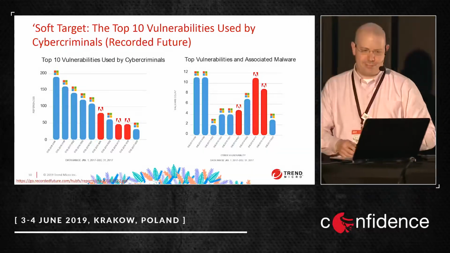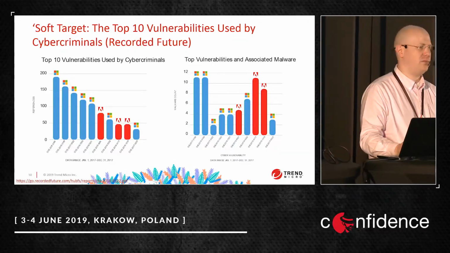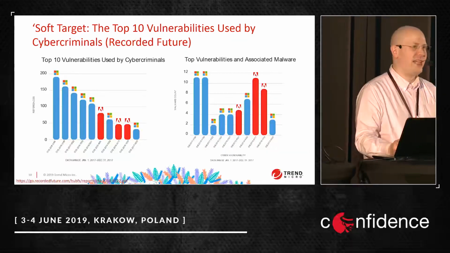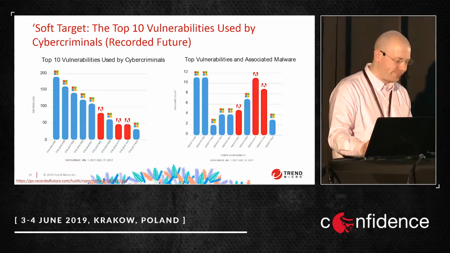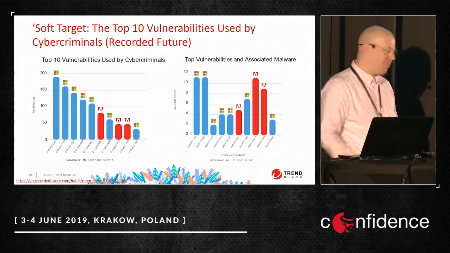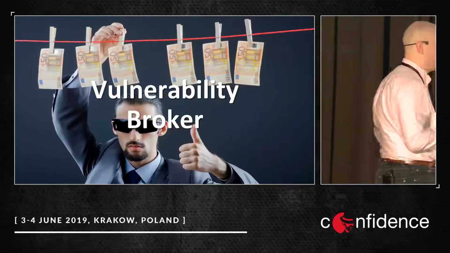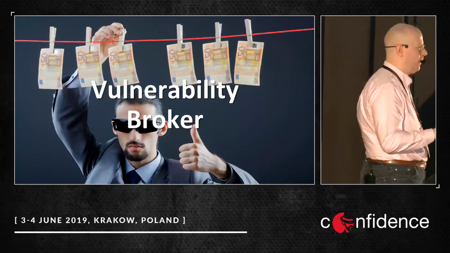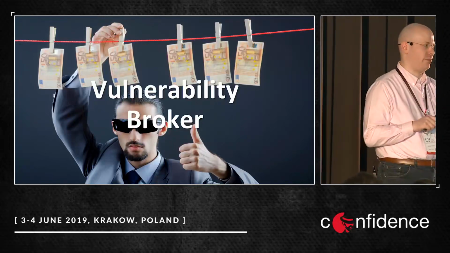Okay, so let's say going white didn't work, going black didn't work. Let's try gray. I'm pretty sure that most of you are aware of vulnerability brokers. So there are companies out there buying exploits.